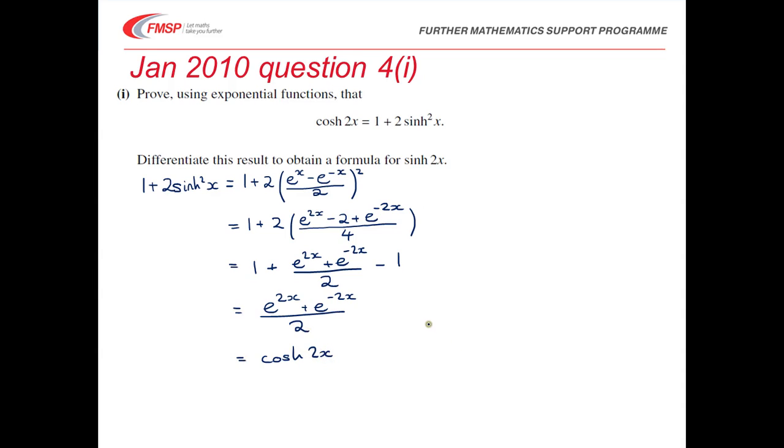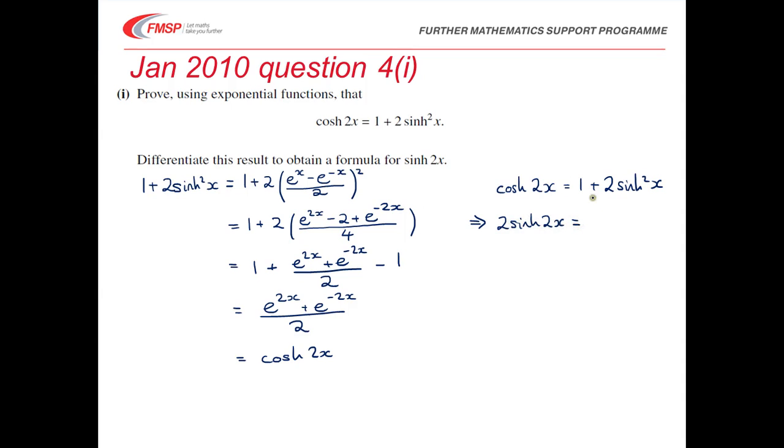It then says differentiate this result to obtain a formula for sinh 2x. So we've got our result cosh 2x equals 1 plus 2 sinh squared x. Differentiating both sides, so differentiating cosh 2x using the chain rule gives me 2 sinh 2x.